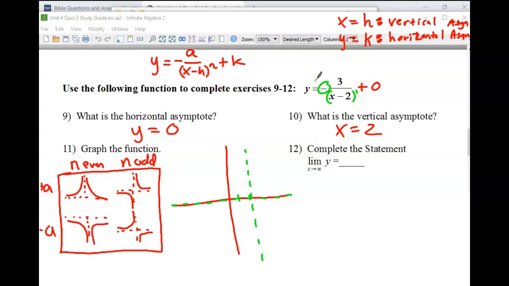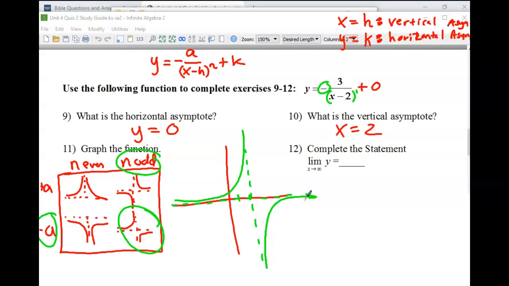So I've got a negative a and an odd power. So my graph is going to look like this. I don't like how I drew that second one. Let me fix that. It's not supposed to cross the asymptotes. It should get really close to the asymptotes, but it shouldn't cross them.